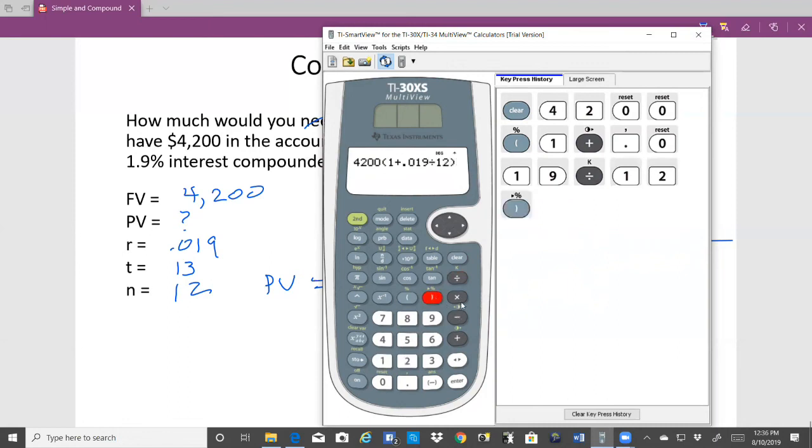And now we need to raise this to the minus 12 times 13 power.